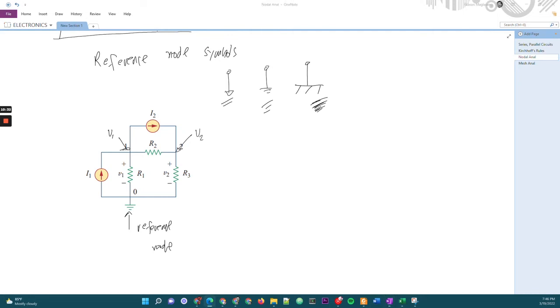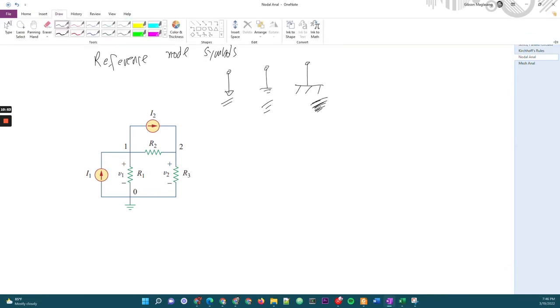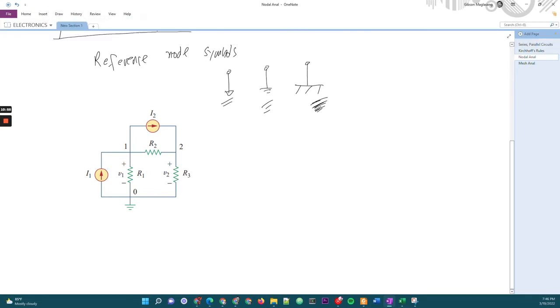Then the second step, we will apply KCL. For the KCL, we need to determine the currents that are possible in this circuit. So we can assign current variables.